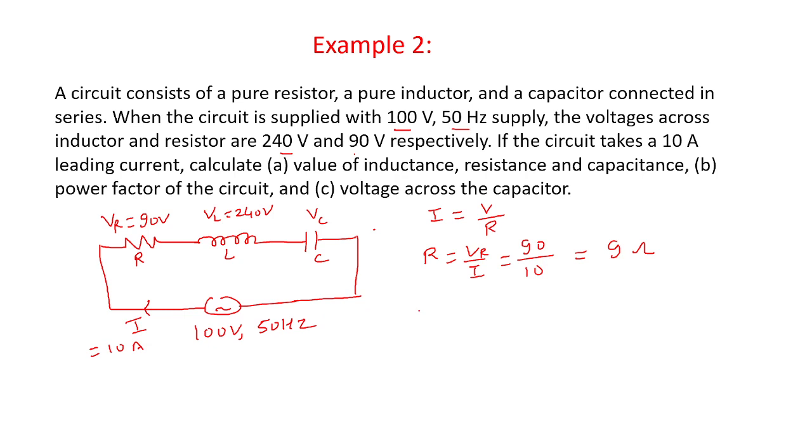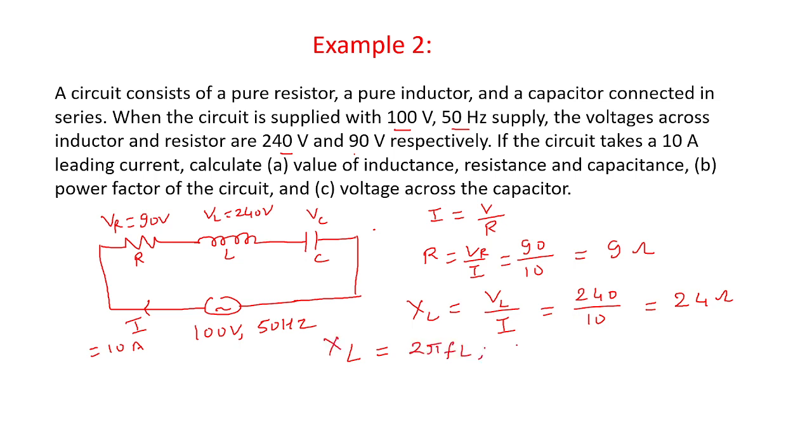Now to find out the inductance, we know inductive reactance is nothing but VL divided by I. Inductive reactance is VL divided by I, and VL is 240 volt and current is 10 ampere. So from here, XL is 24 ohm. To find out the inductance, we need to find the inductance instead of the inductive reactance. We know XL is equal to 2 pi FL.